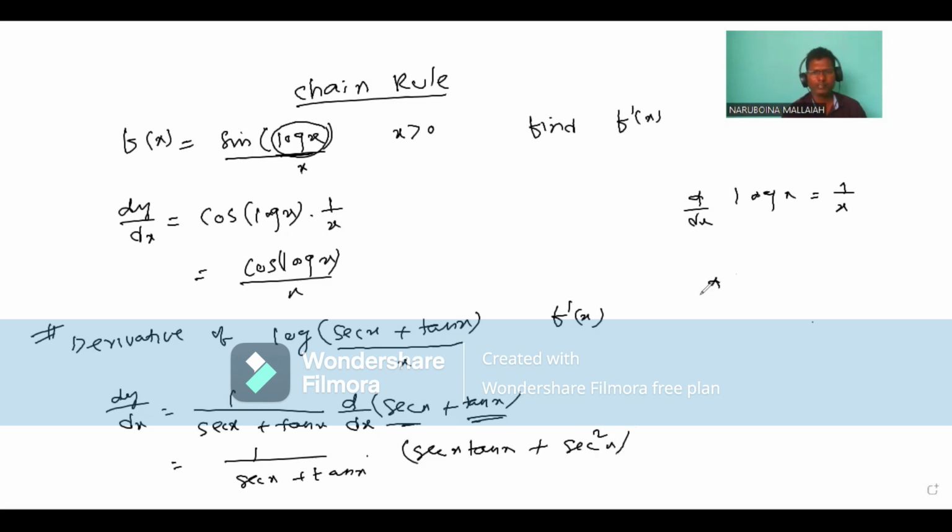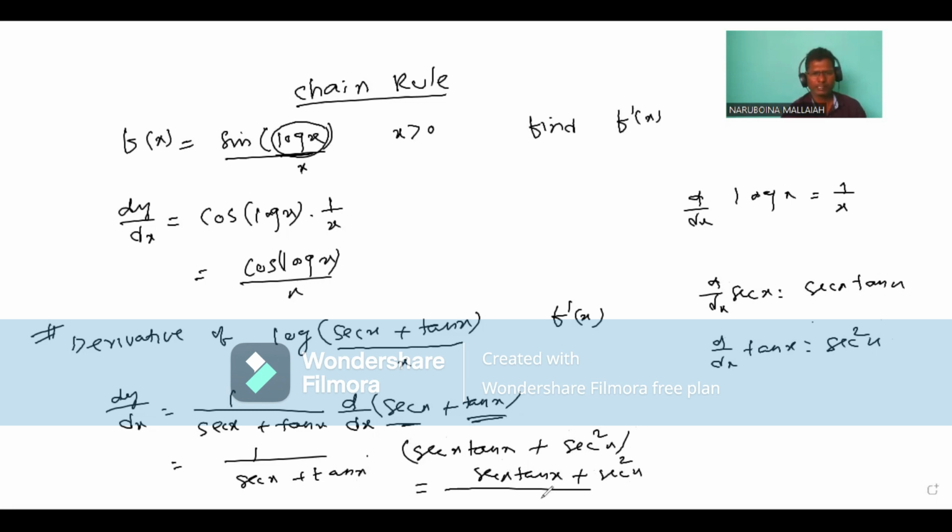I am writing the formula here. Derivative of secant x is secant x tan x and derivative of tan x is secant square x. Now by multiplying this term with 1, we get secant x tan x plus secant square x by secant x plus tan x.